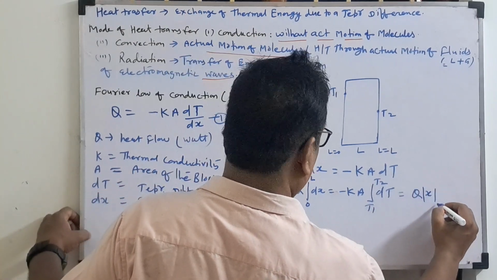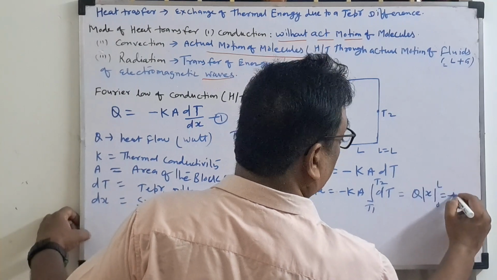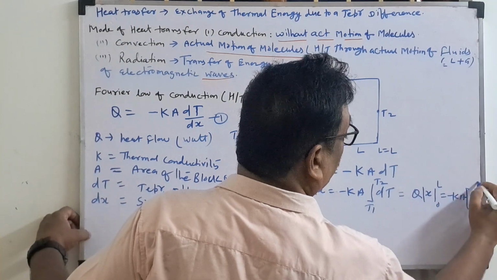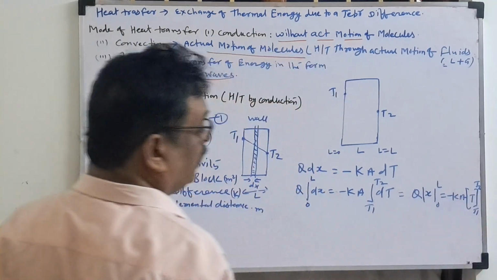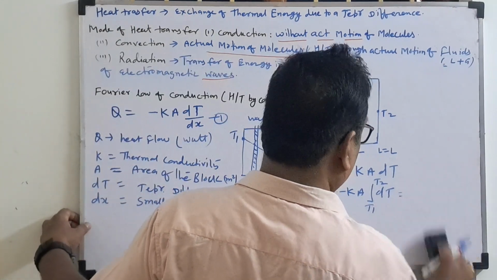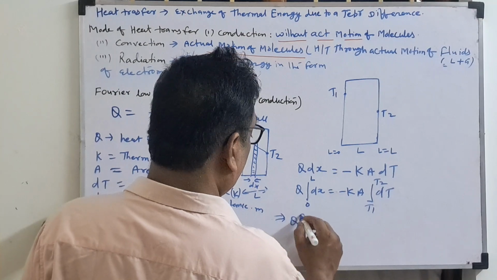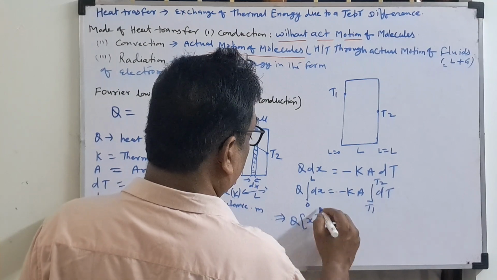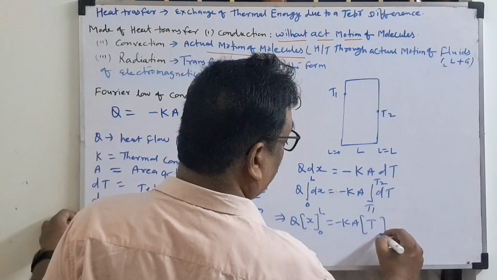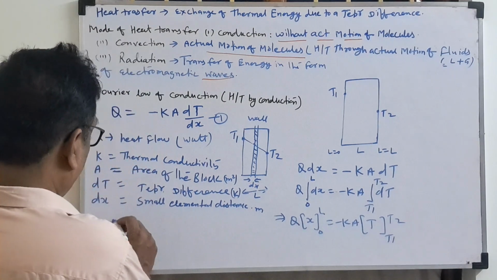Q times x from 0 to L is equal to minus Ka times T from T1 to T2. Then you write here itself: Qx from 0 to L, minus Ka, T1 minus T2.